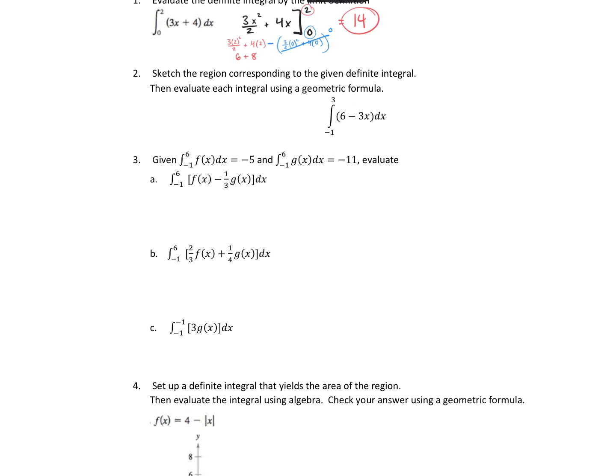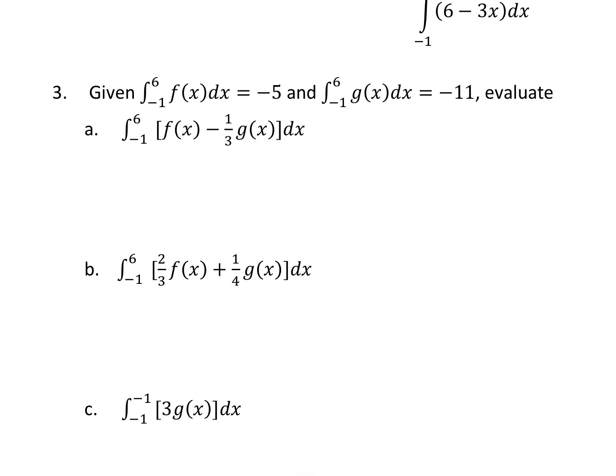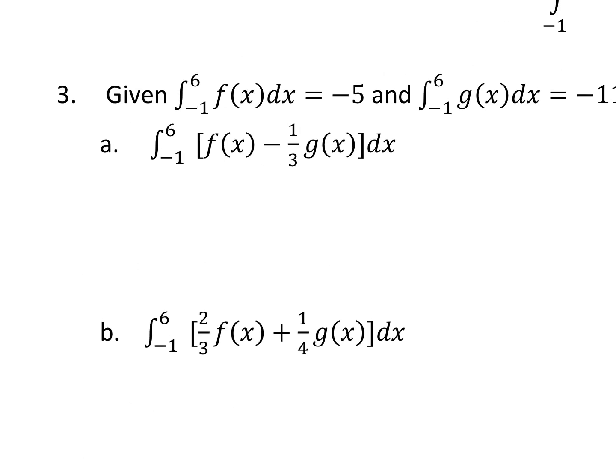All right, let's do number 3. So 3 gives us f of x and g of x and asks us to evaluate. So here I can split this up. I can say the integral from -1 to 6 of f of x dx minus 1/3 times the integral from -1 to 6 of g of x dx. So our integral from -1 to 6 of f of x, it tells us is -5.